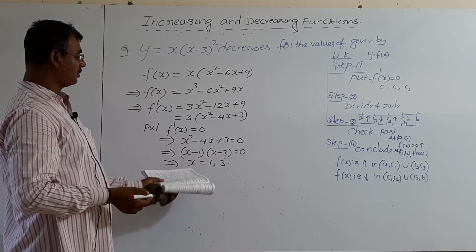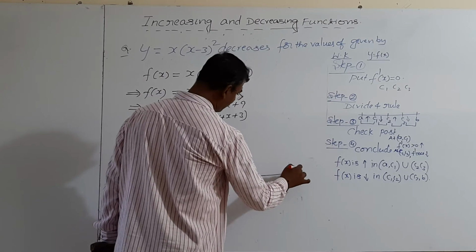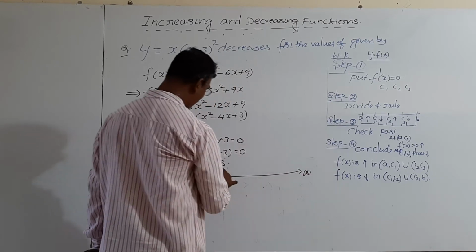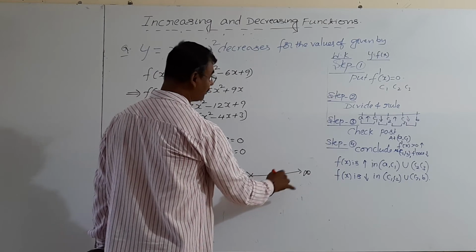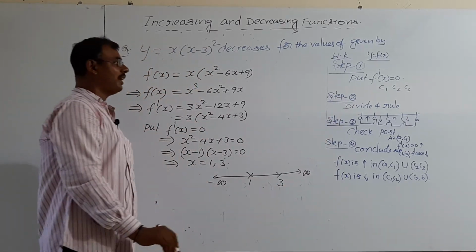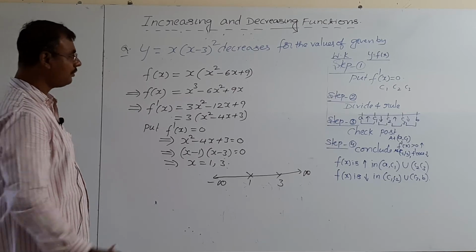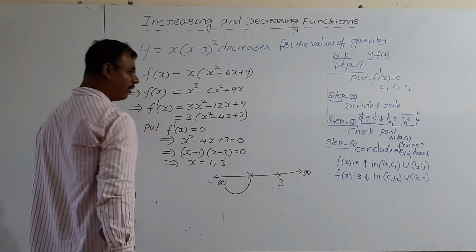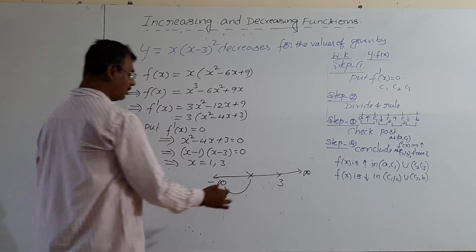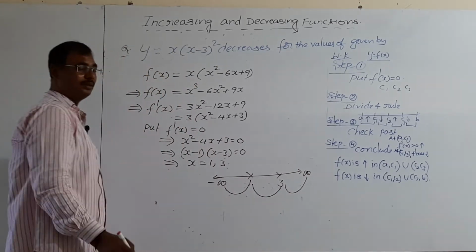Next, take the roots on the number line in ascending order, from minus infinity to infinity, and divide into sub intervals. That is the meaning of divide and rule. Then check the values at the sub intervals. What are the sub intervals? Minus infinity to 1, 1 to 3, 3 to infinity.